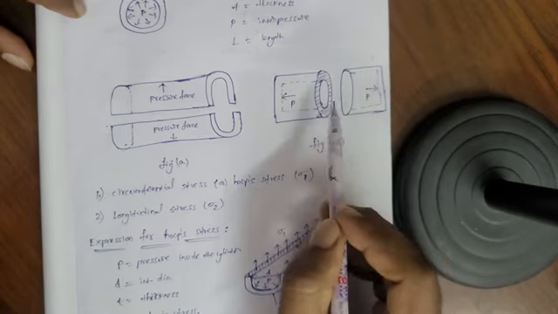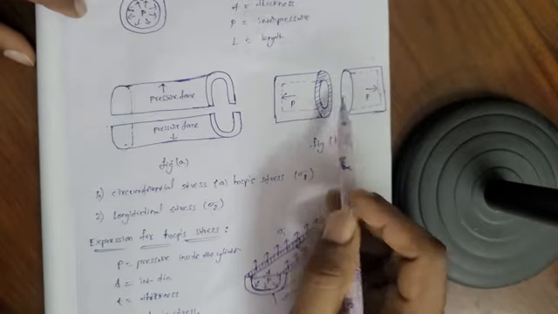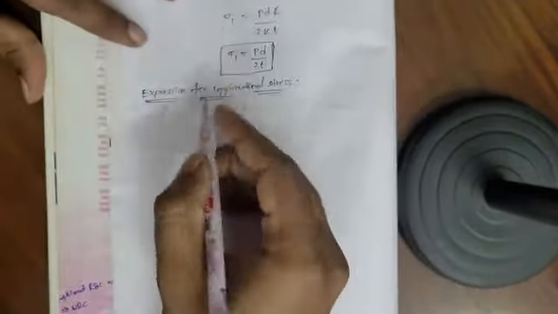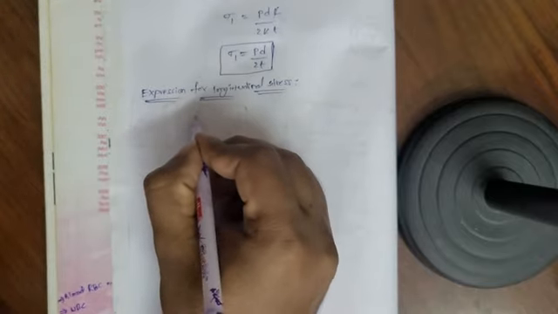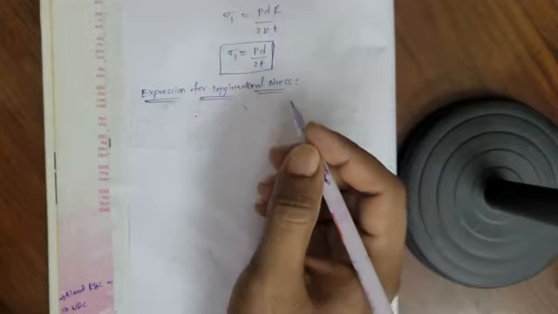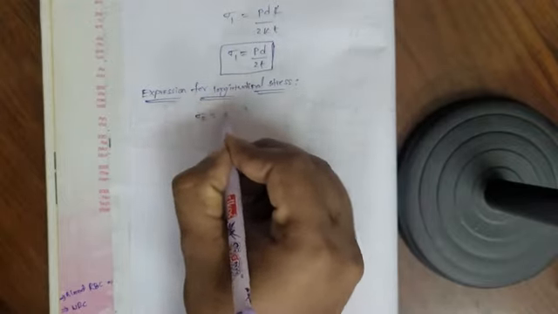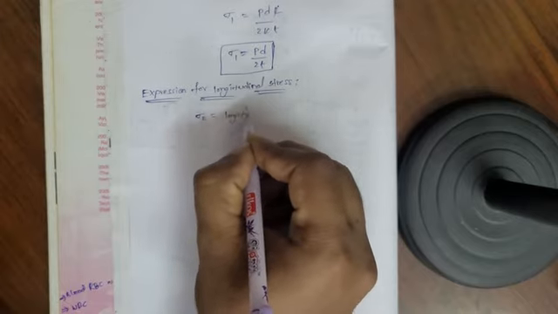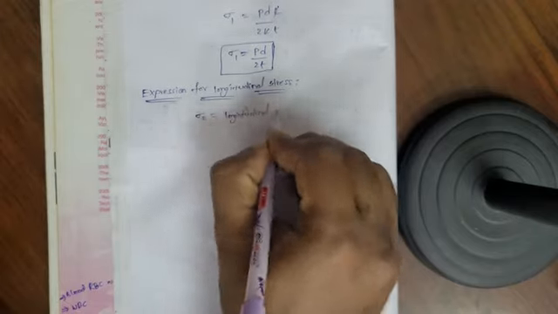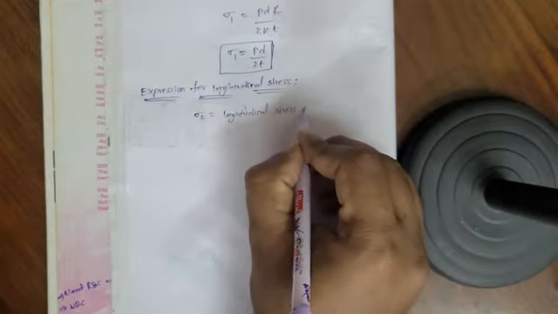In that time the longitudinal stress will be developed in the material. So now we have to find that longitudinal stress. Here also I am considering, as we already know, P is internal pressure, d is internal diameter, T is thickness, and sigma 2 is longitudinal stress, as we considered at the starting of the derivation.